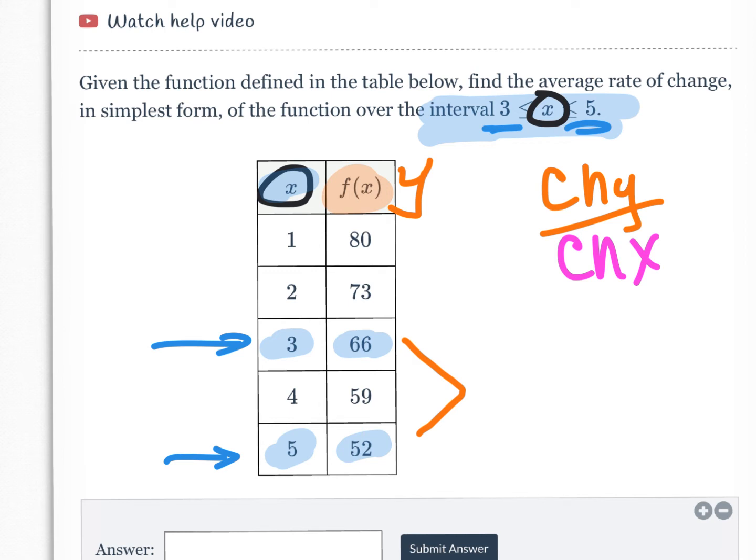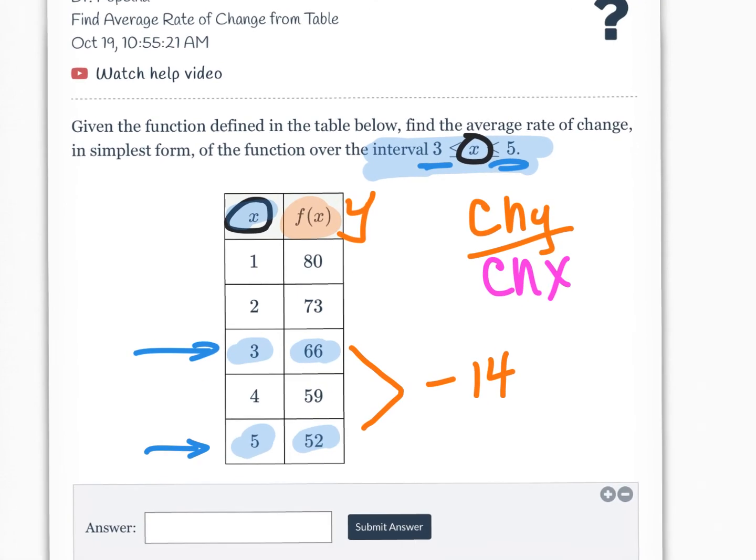That is going down. 66 minus 52 is 14. So my change in my y value is going to be 14. Even though it's on the right-hand side of the table, so you would think it would go last, it actually goes first. And because it's decreasing, you need to make it a negative 14.